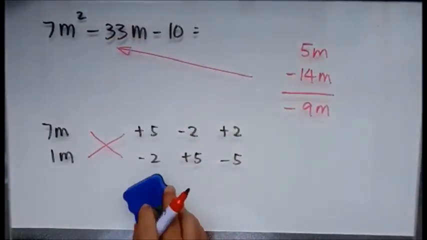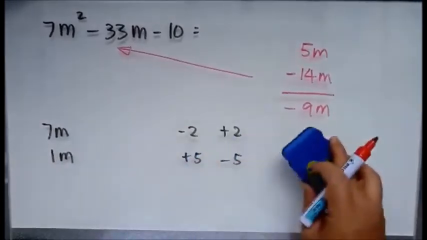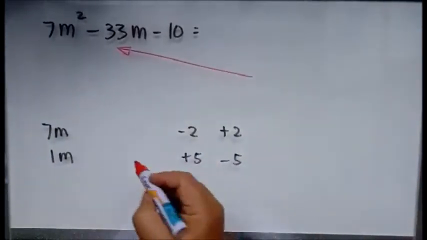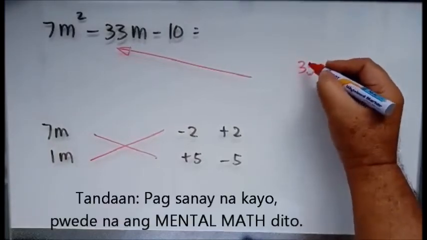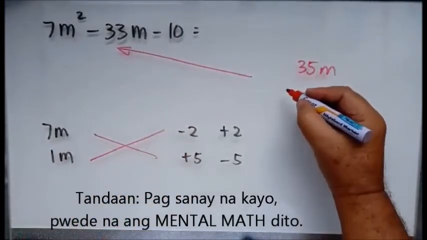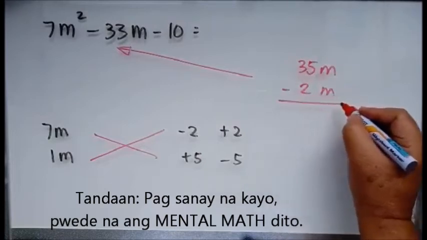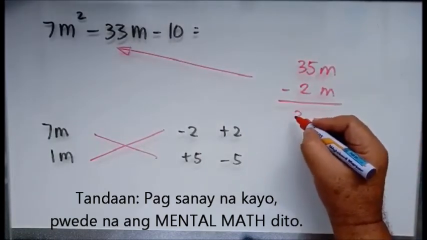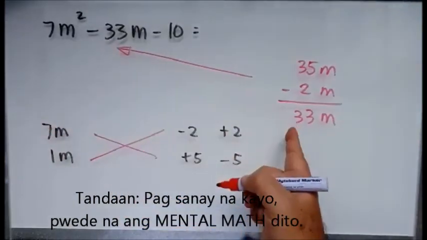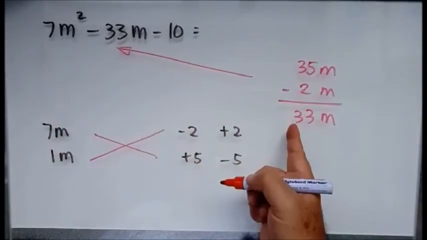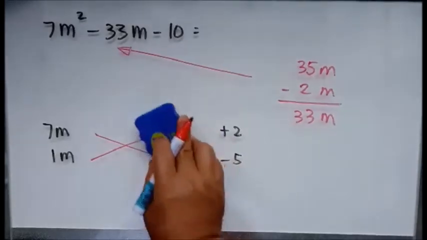So, eliminate. Cross multiply. 35m minus 2m is equal to 33m. Not the same. This one is negative. This one is positive. So, eliminate again.